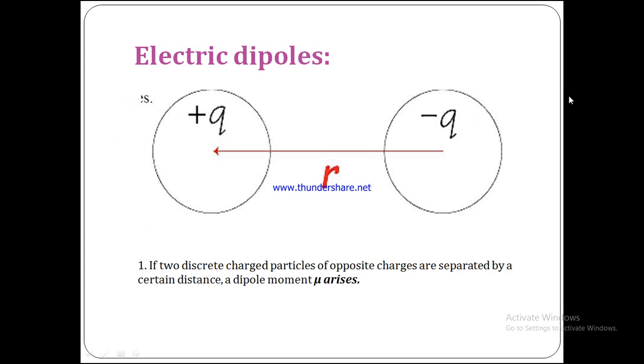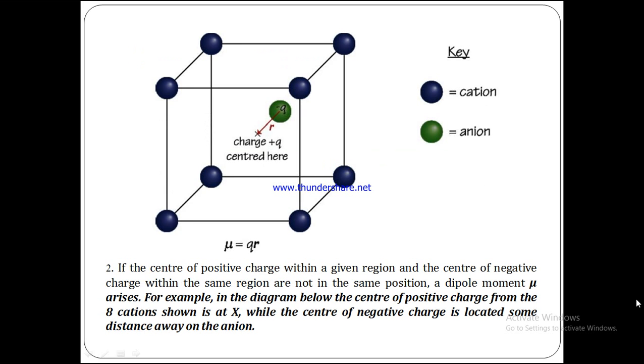Such a situation is called electrical dipoles, separated by a small distance r. This is the situation where the electrical dipole or polarization concept is there.